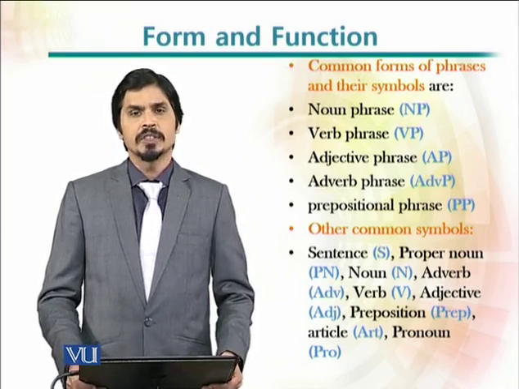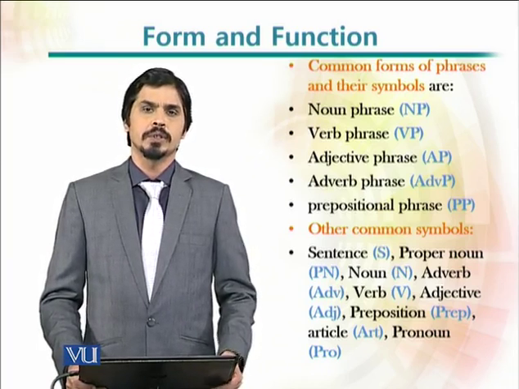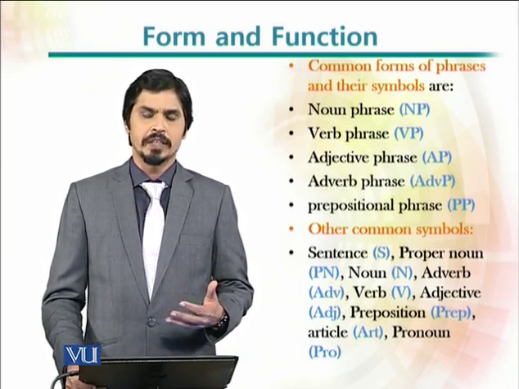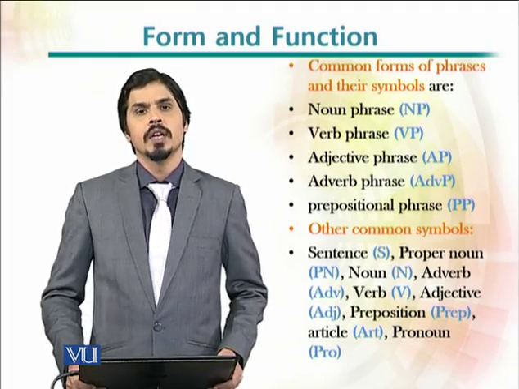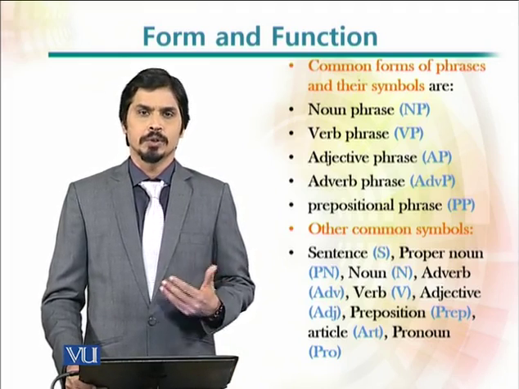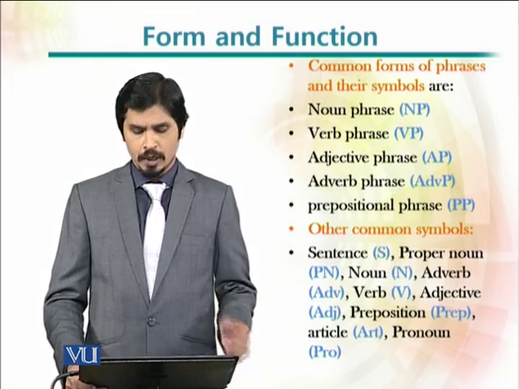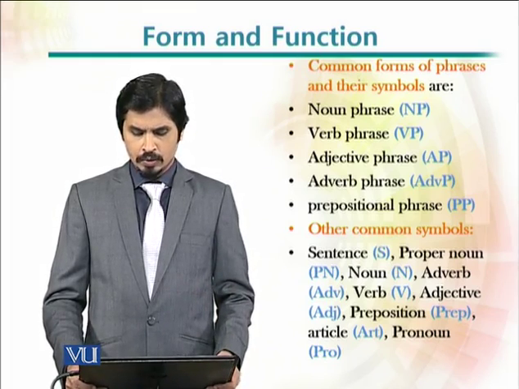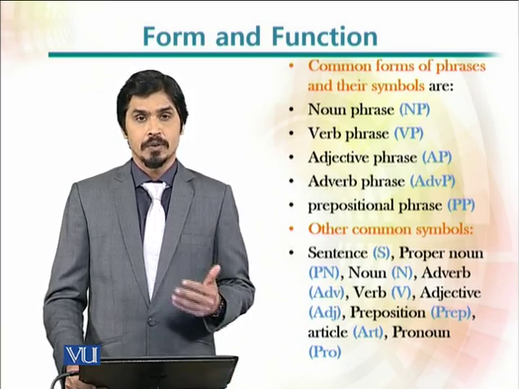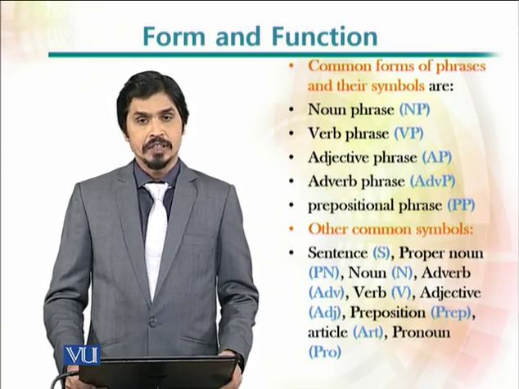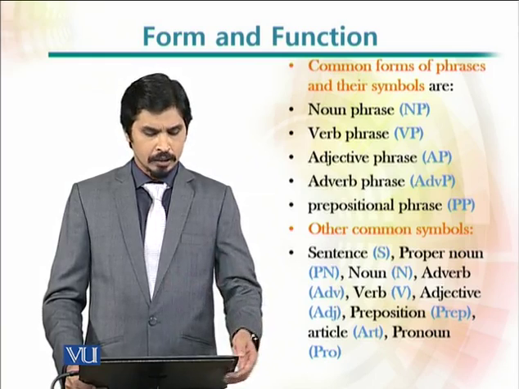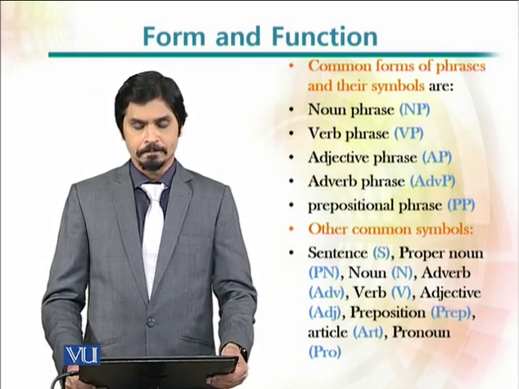There are some other common symbols used for individual constituents in English syntax. For example, you could use the letter S to show a sentence, PN to show a proper noun, N for noun, ADV for adverb, ADJ for adjective, etc. You could see them on your screen.